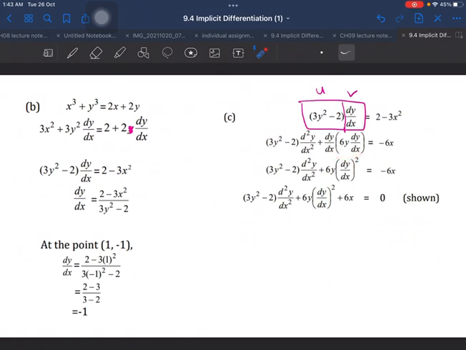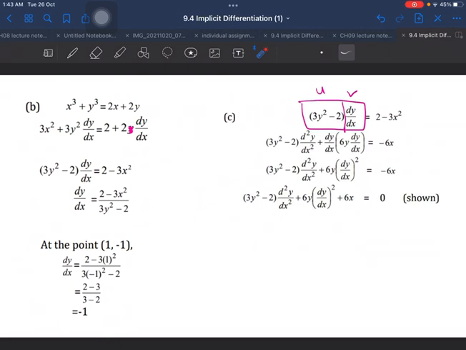How to differentiate 3y square minus 2? We get 6y dy over dx. Differentiate 2 minus 3x squared, we get negative 6x only.